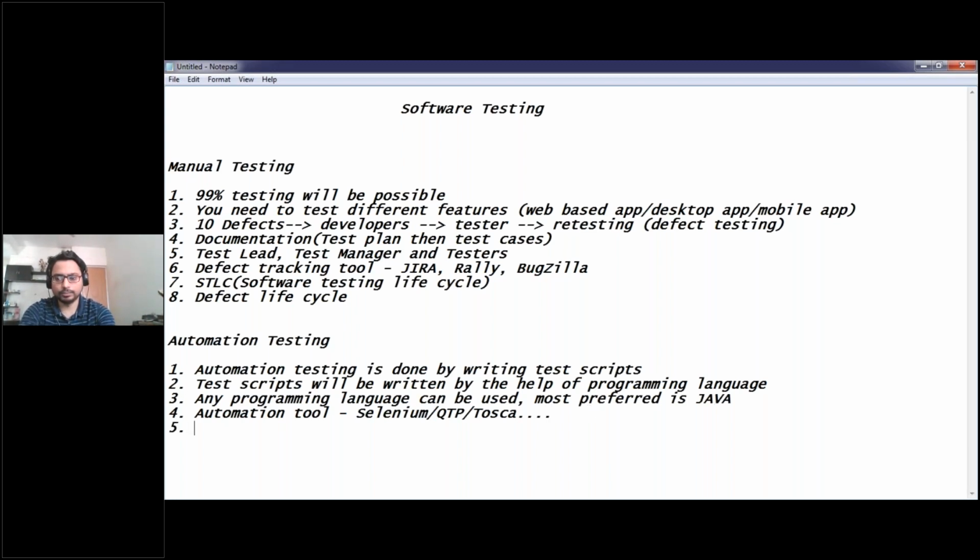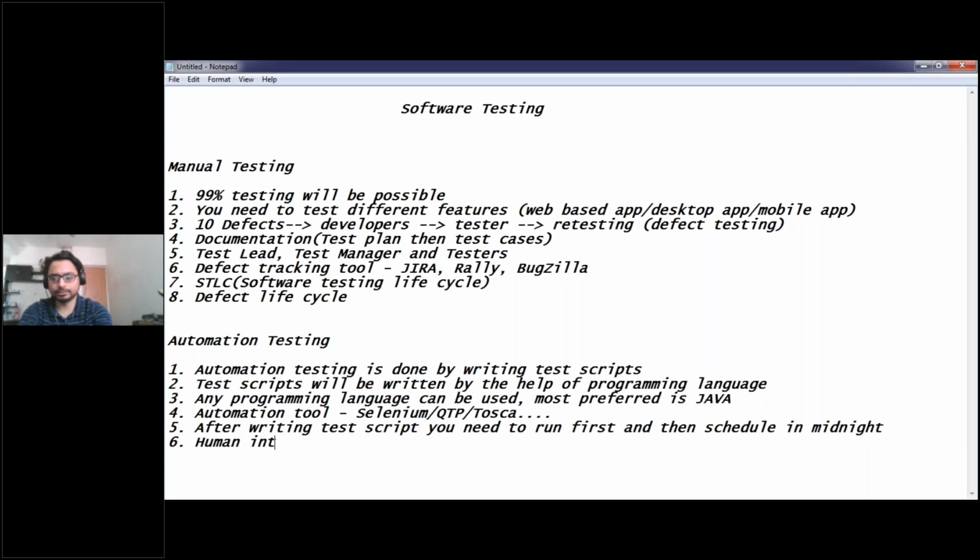Now, after writing the test script, you need to run it first, and then schedule it as per deployment, you can say scheduling at midnight.